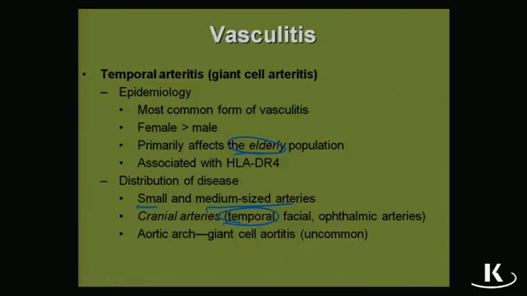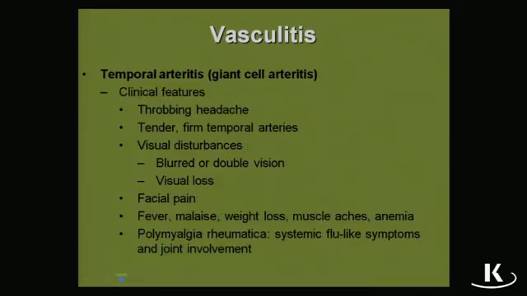Now, like I said, typically it's called temporal arteritis because of involvement of the temporal artery, and giant cell arteritis, obviously why? Because you're going to get giant cells and granulomatous inflammation. So very important, these patients get granulomatous inflammation. Okay, so again, throbbing headache, visual problems are going to be the other thing that they get.